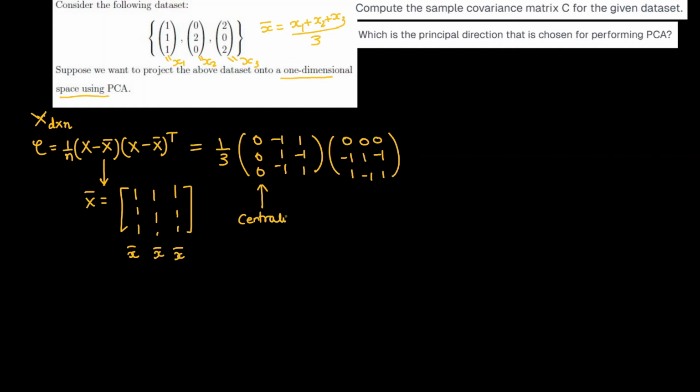So centralized x1, similarly this is the centralized x2 and this is the centralized x3, right? So this will give me 1 by 3 times 2 minus 2 2, minus 2 2 minus 2 2, minus 2 2, right? Okay, so this is the covariance matrix.